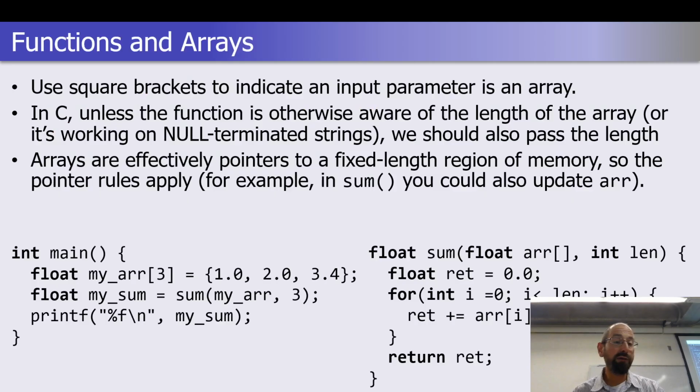But with the trade-off, it's very common and recommended practice to explicitly have a separate input that refers to the length of that array. Somewhere, somebody has to know how big my loop needs to be. How many valid things are there inside my array for this function to process.